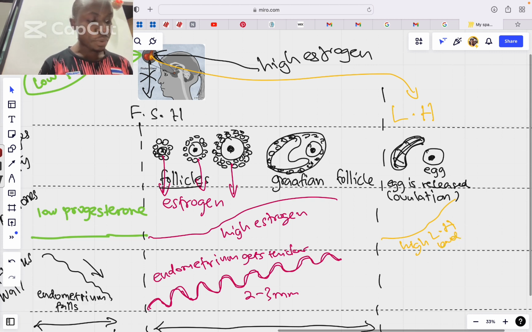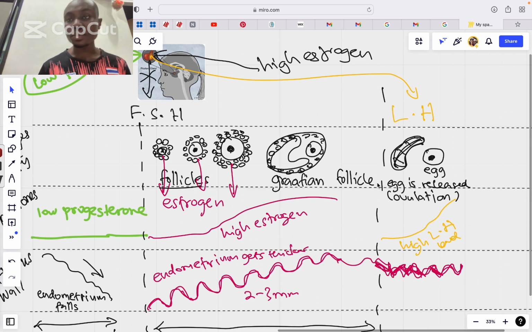Now, what will happen to the endometrium, the wall? Will it get thicker or thinner? It's going to get even thicker. Let's draw that here. Make it thicker and thicker. Why does it need to get thicker? Again, it is getting ready for a baby. The egg is out.